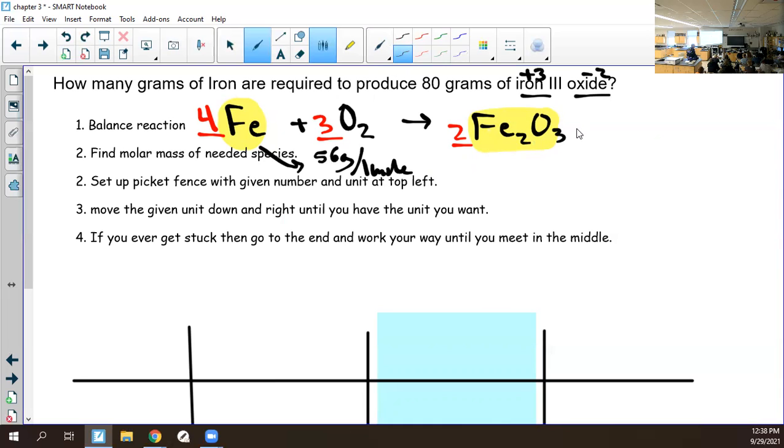Is it 160 for iron 3 oxide? So that is 160 grams per 1 mole. Fair enough?